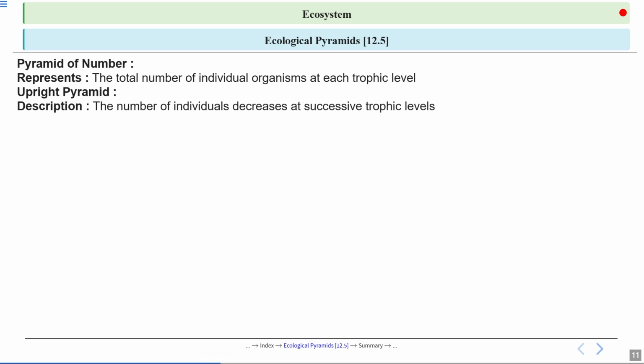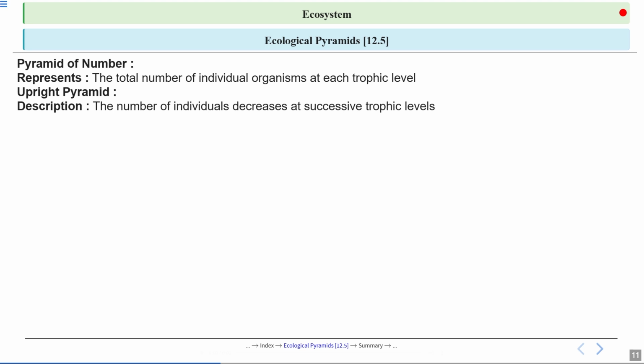The number of individuals decreases at successive trophic levels. That's why you get an upright pyramid. So at the base, you will have the highest number of individuals, and as you move upwards, the number of individuals decreases. That's why you get an upright pyramid.